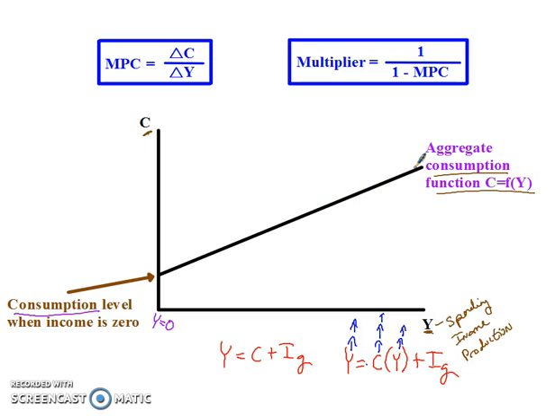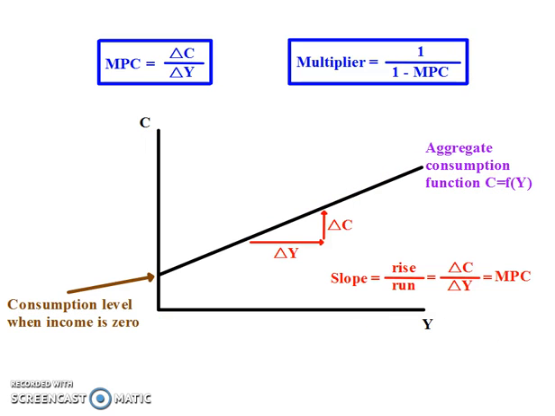And then off of that we get the relationship between consumption and income. And that relationship, the slope of that curve, is really just the marginal propensity to consume. Because remember that slope in math is the rise over the run, and in this case the rise is the change in consumption, that's the variable here on the vertical axis, and the run is the change in income, which is down here on the horizontal axis. And so really that is the slope, the change in consumption divided by the change in y.